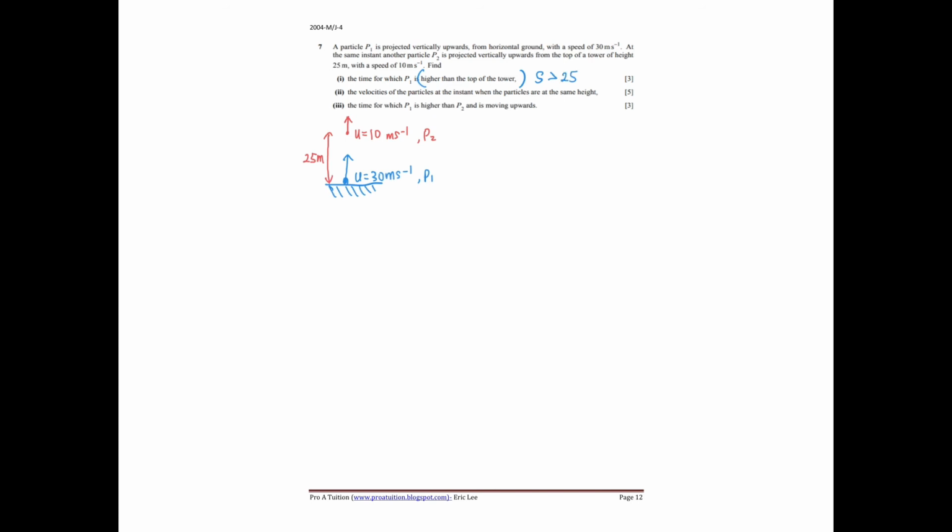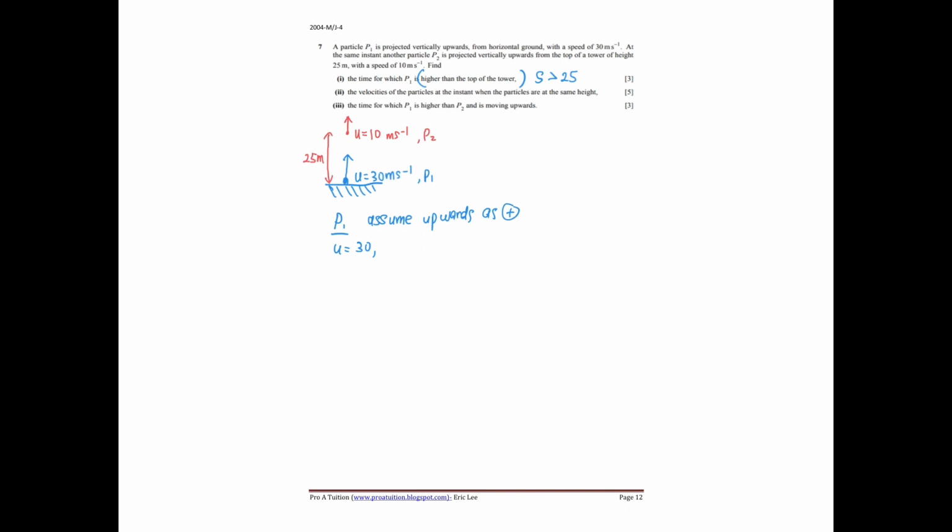Okay, so what information do we have here for P1? For P1, right now, we have u equals 30, and let's say we assume upwards as the positive direction.